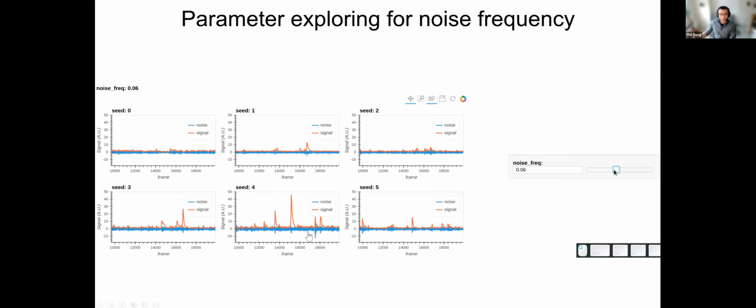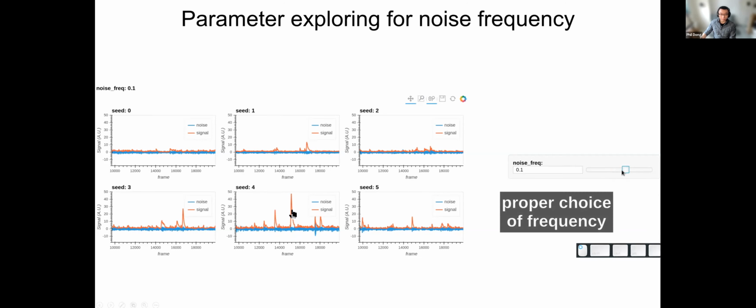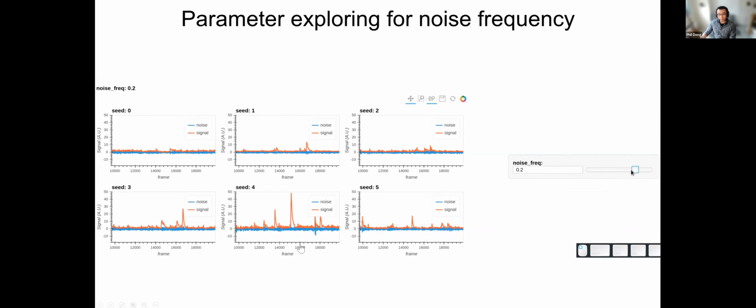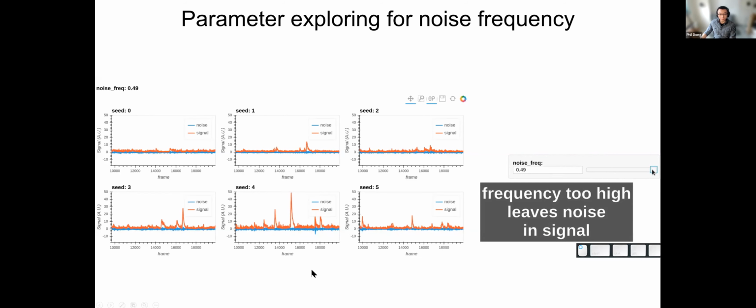But when you start to increase the cutoff frequency, you see the signal and noise start to separate from each other. If you keep increasing further and choose a cutoff frequency that's too high, you see that these high frequency fluctuations start to bleed into the red trace again. So again, this is not a good estimation of signal versus noise.